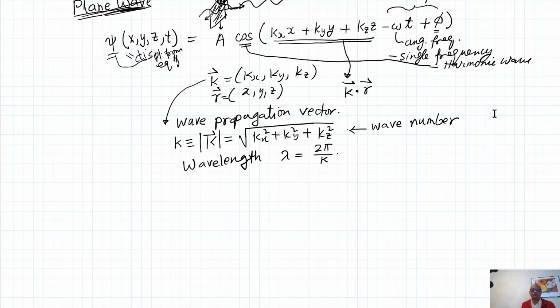Okay. If you look at what this is representing, I have some Cartesian coordinates, let's call this x, let's call this y, and let's call this z.